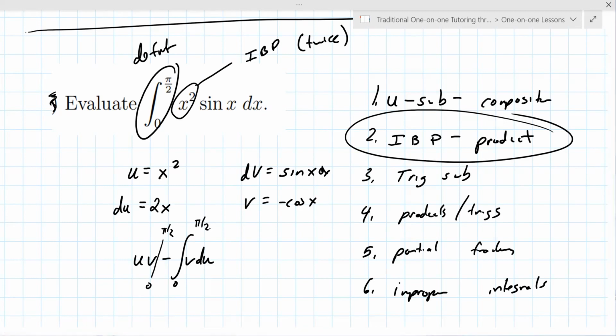Is that clear? I probably wouldn't have you do integration by parts twice with a definite integral, maybe with one, because it just adds another layer of complexity that's not part of the solution, but you know, that's what it is.